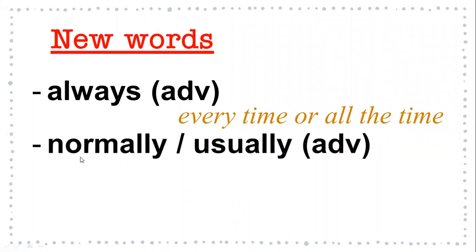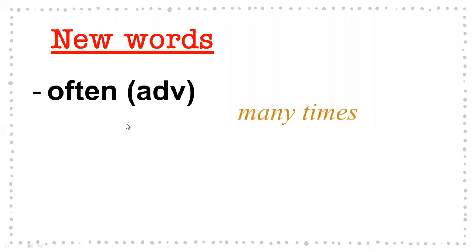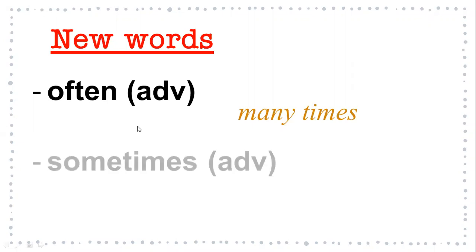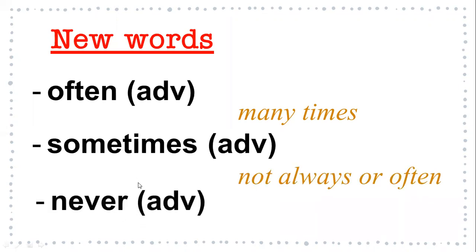Normally, usually, that means in the way that most often happens. Now, we have the word often, many times. Sometimes, that means not always or often. Never, not at any time.